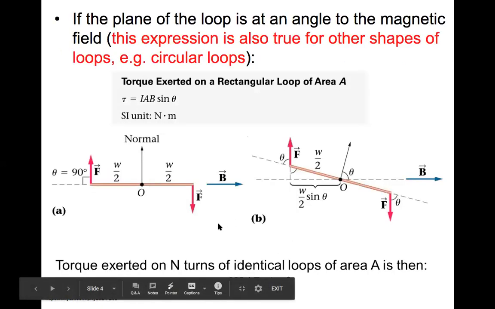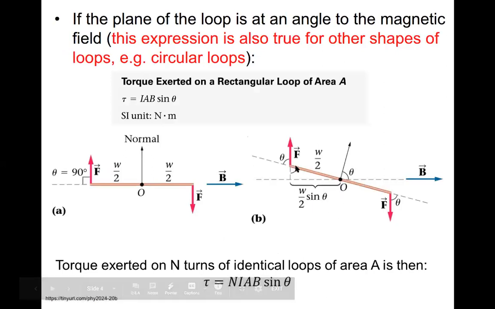Otherwise, if there's an angle between the normal direction of the loop and the magnetic field, as in the right figure, which is the top view, where you only see the top side of the loop, then the torque is equal to I times A times B times sine of the angle theta.